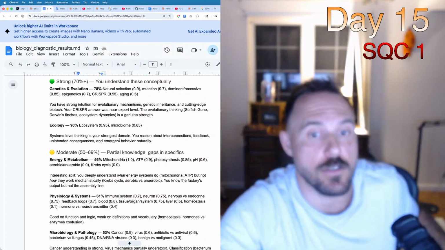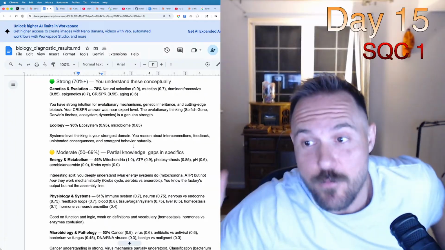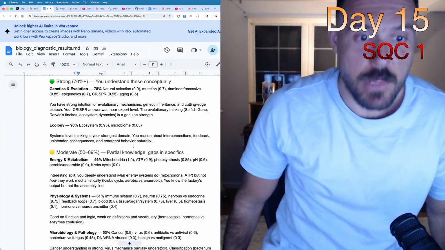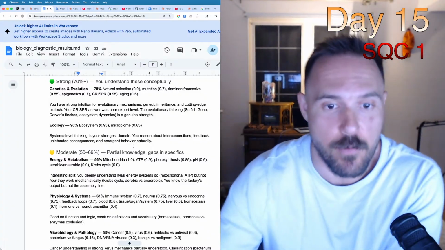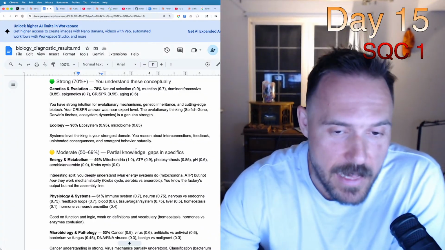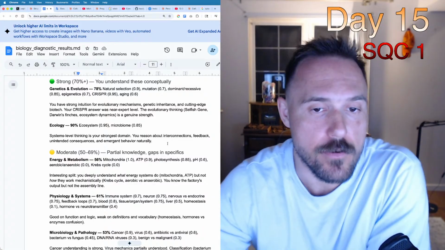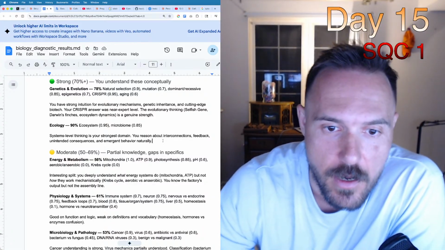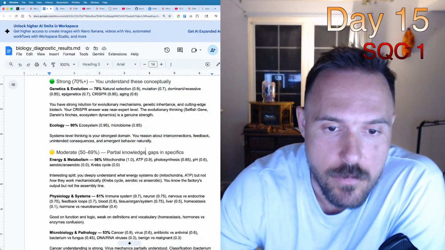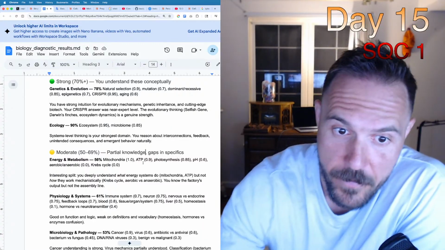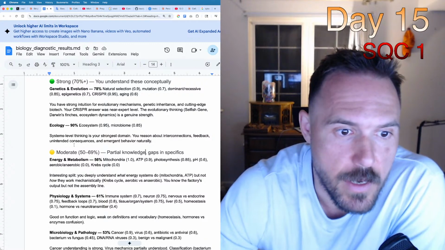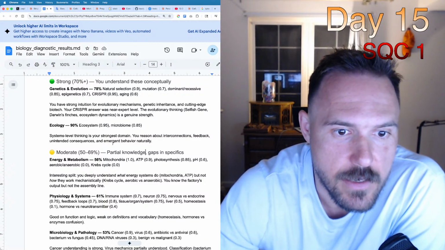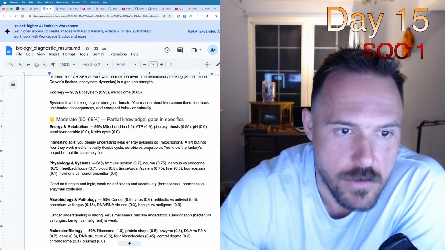System level thinking is your strongest domain. That's what's up. System level thinking is the strongest domain. That's what we think about. We're thinking about systems, how to build them, how to understand them, how to use them, about interconnections, feedback, unintended consequences, and emerging behavior naturally.